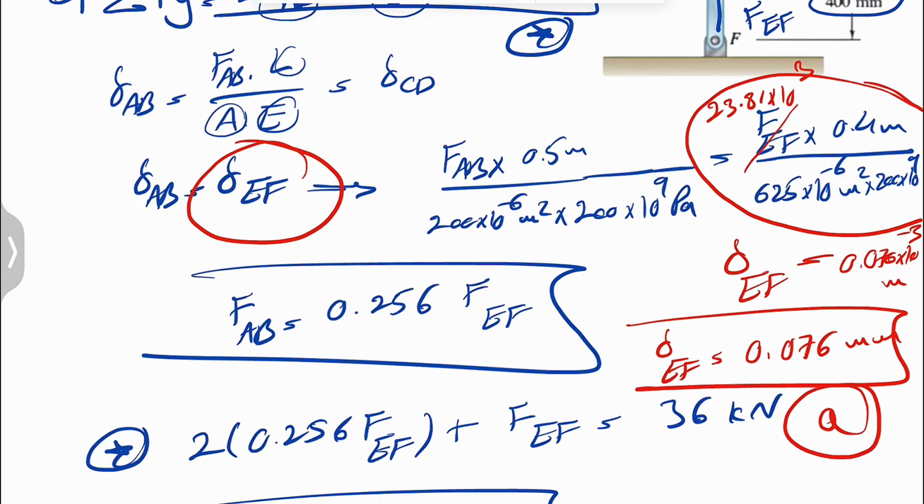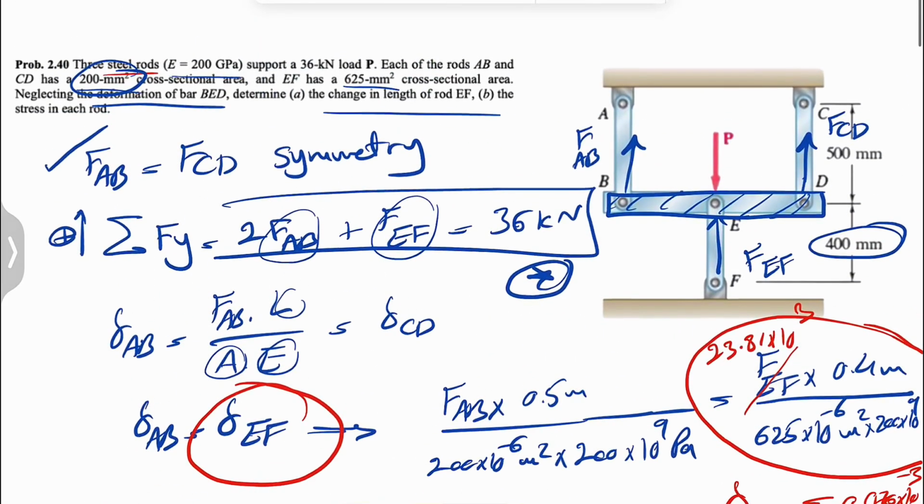You might bring up the issue that since these two links that we have, AB and CD, are basically in tension, and we know that when it's in tension, the maximum shear stress happens where the pins are located, why don't we consider that? But the question is not defining the diameter of the pins.